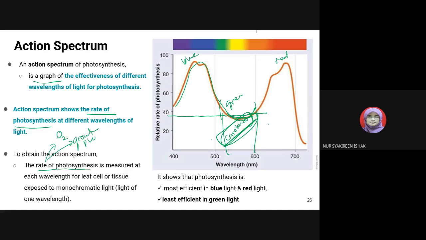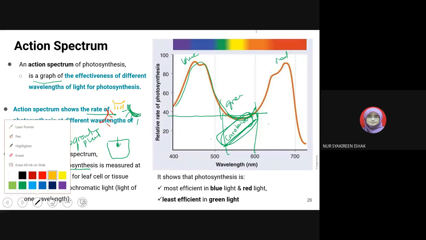of the plant. Okay, so maksudnya kat sini, you are going to plant a seed of a plant, and then awak pancar dia dengan cahaya warna hijau. Okay, kemudian bila awak pancarkan dia dengan warna merah, dengan warna orange, dengan awak pancarkan dia dengan blue light.